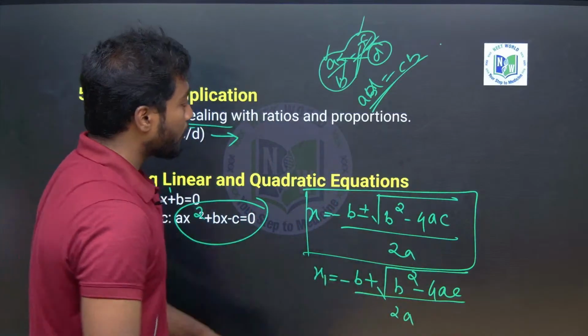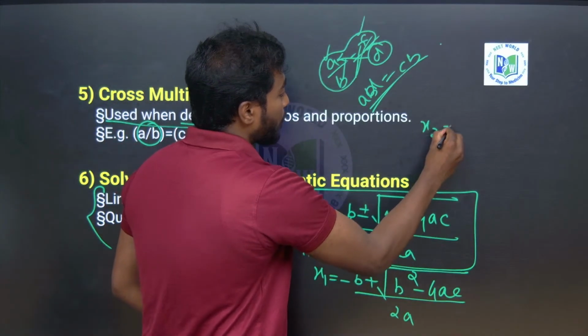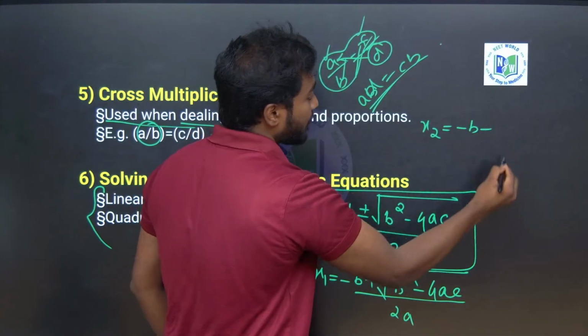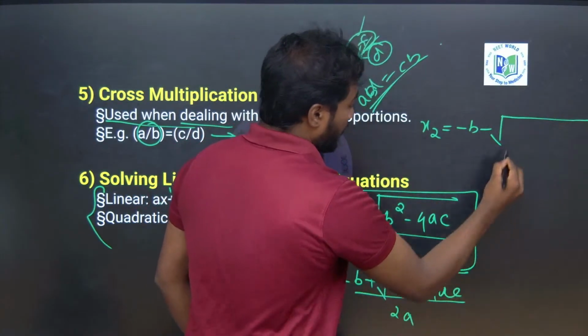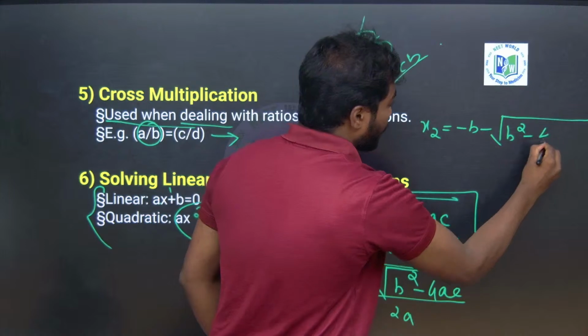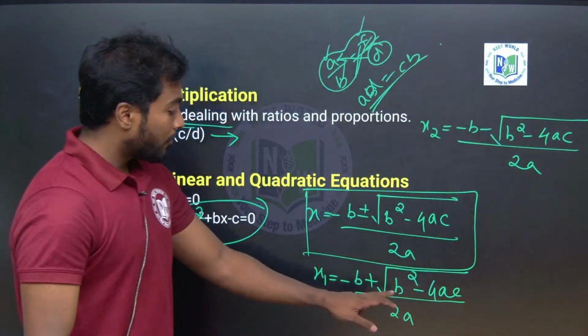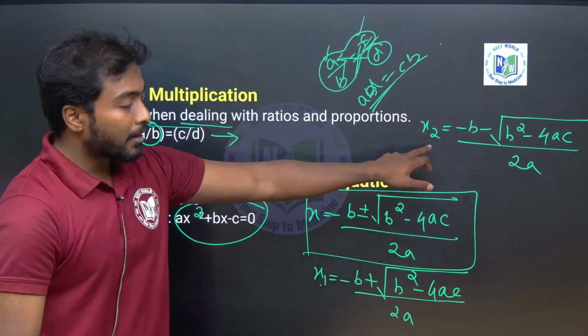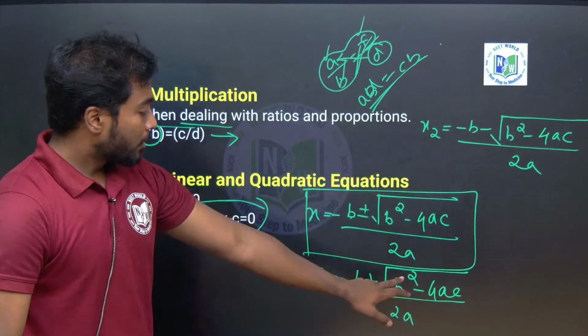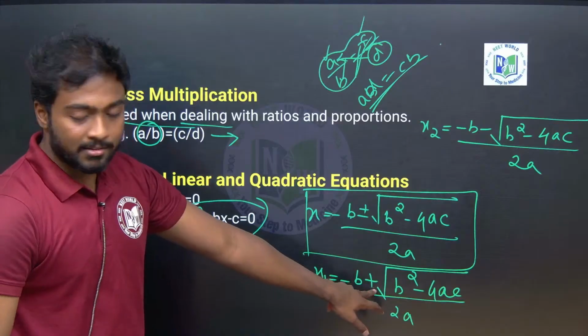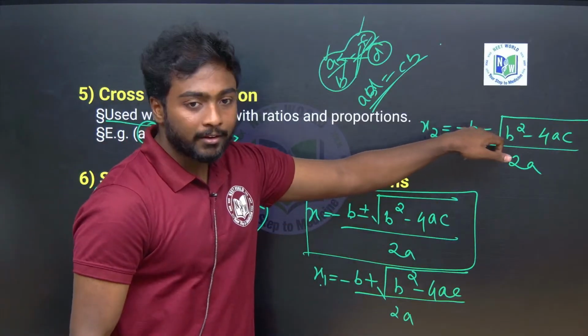Then x2 will be equal to minus b minus root of b square minus 4ac by 2a. So one value will be x1, another value will be x2. One is minus b plus, one more is minus b minus.